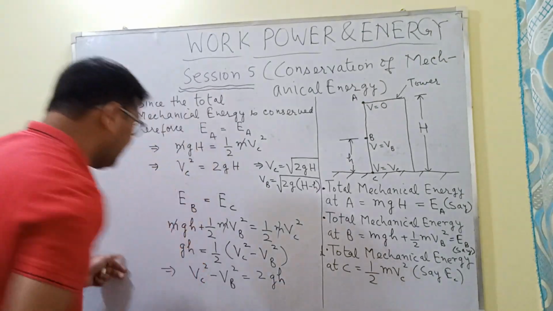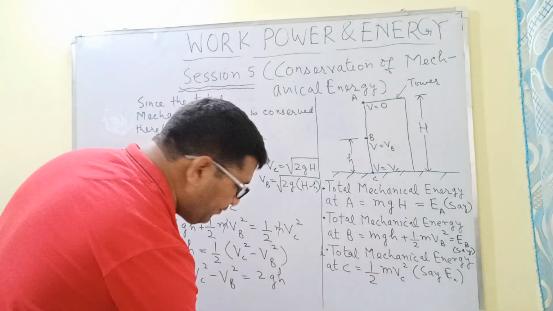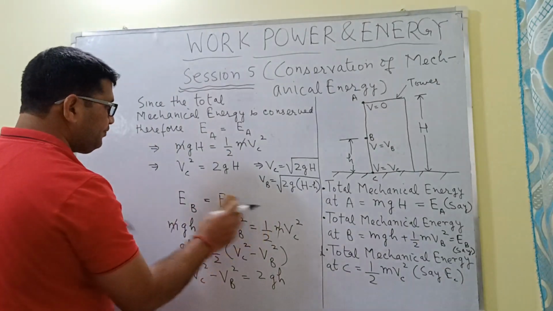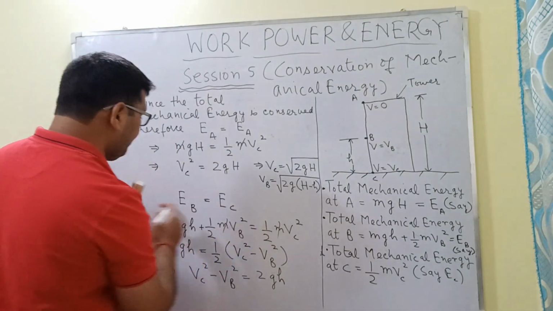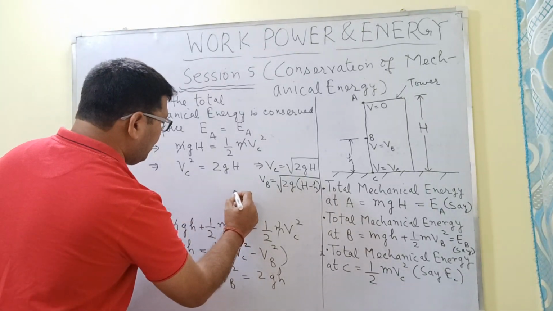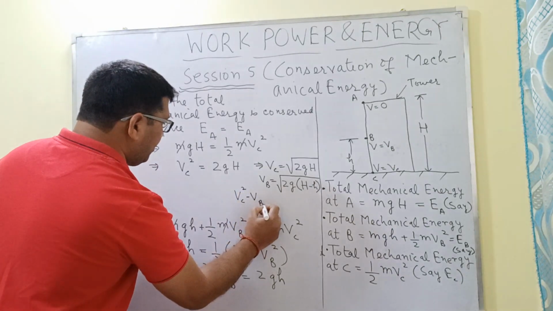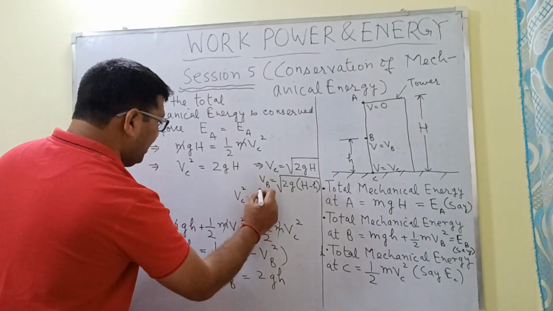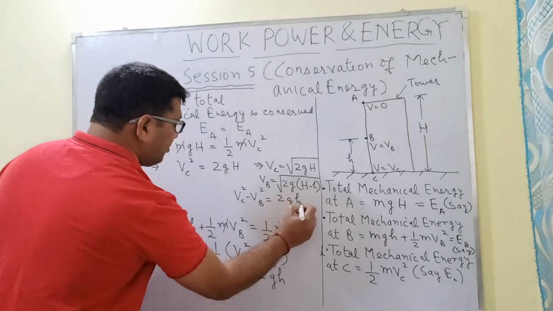Okay, so this is another relation which I have got, that is vc square minus vb square is equal to 2gh.